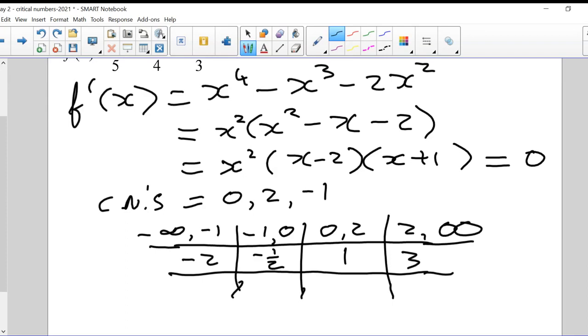Okay, so let's put the minus 2 in. All I'm interested in knowing is what's happening as I am approaching that critical number, that x value, what's happening at the function. So I'm not going to choose a test number that's far away. I'm going to choose something that's pretty close. So I'm looking at the minus 2.